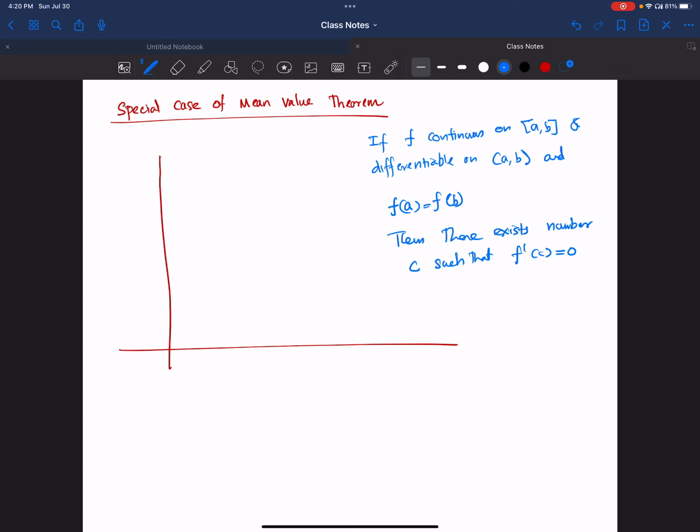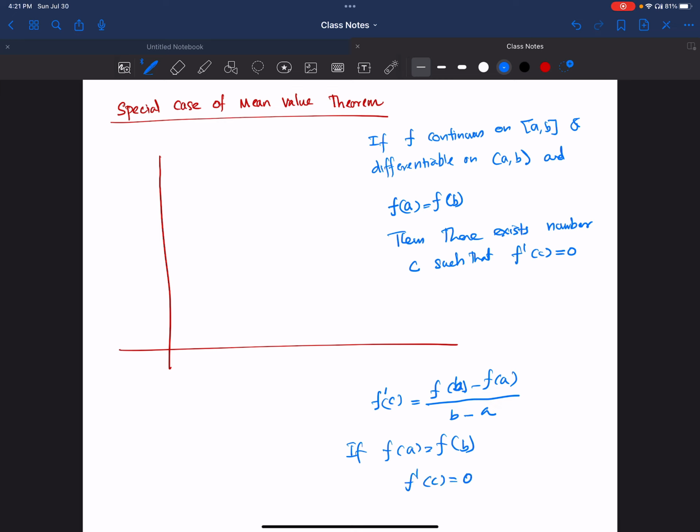Now, the mean value theorem says that f prime of c equals f(b) minus f(a) over b minus a. So if f of a equals f of b, then f prime of c equals 0.